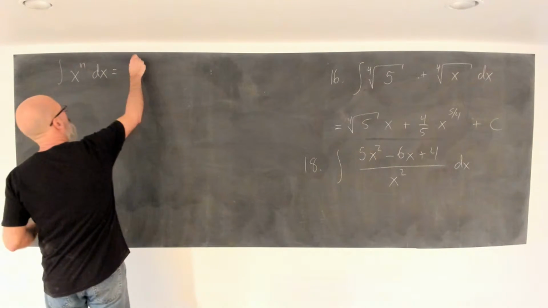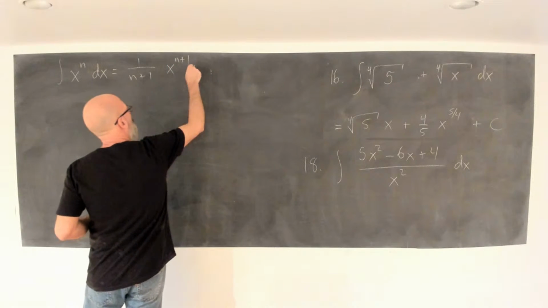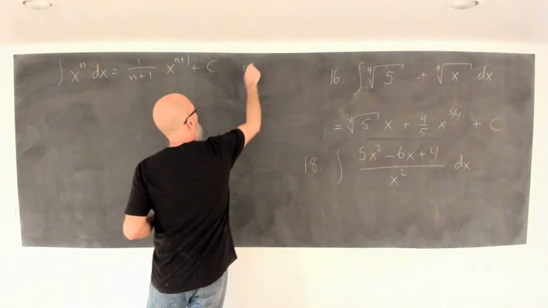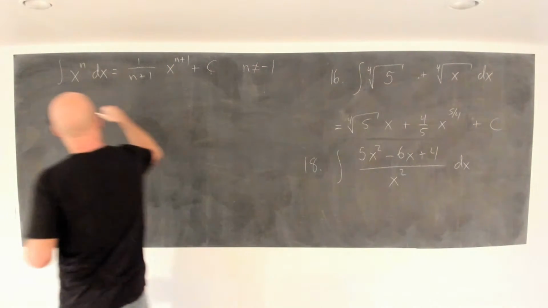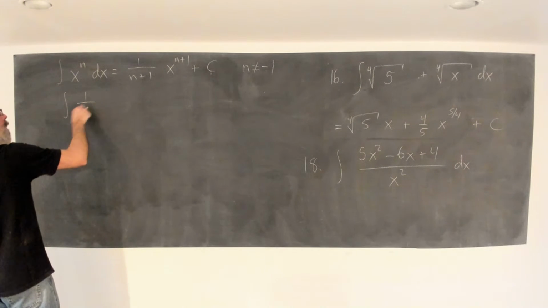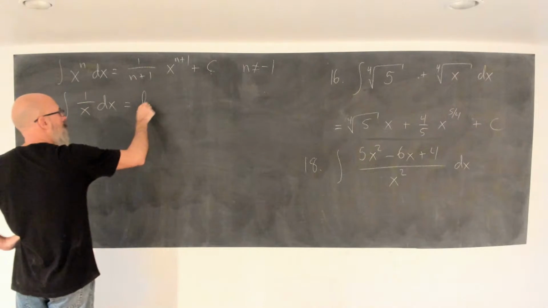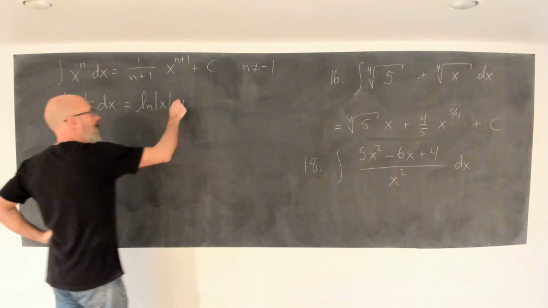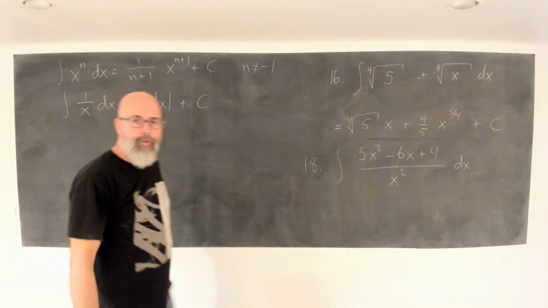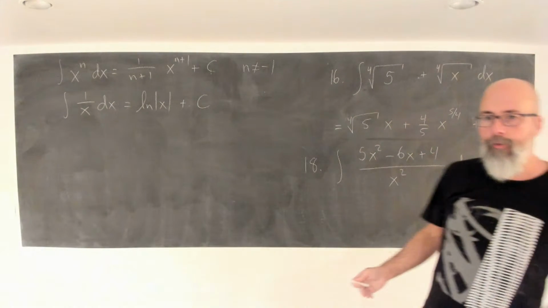The antiderivative is going to be 1 over n plus 1, x to the n plus 1, as long as n is not negative 1. In the case that n is negative 1, the antiderivative of 1 over x is ln of absolute value of x. And that's all we're looking at so far.